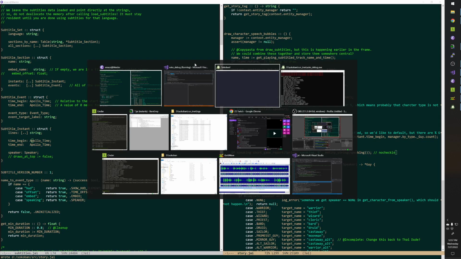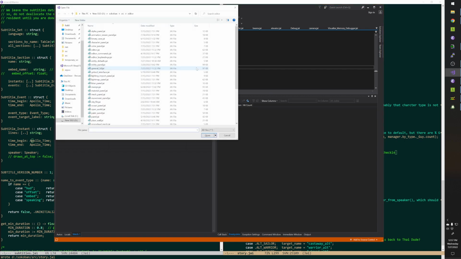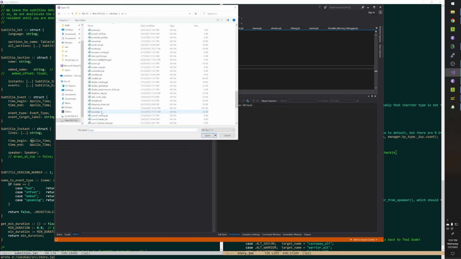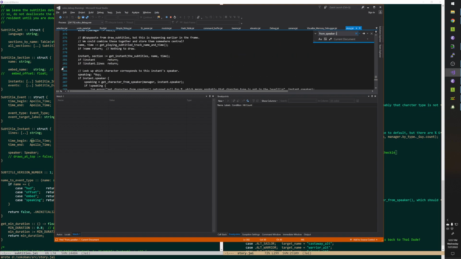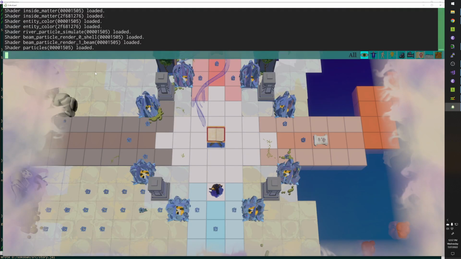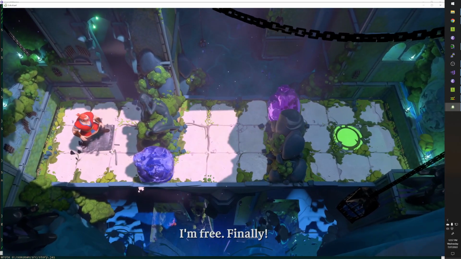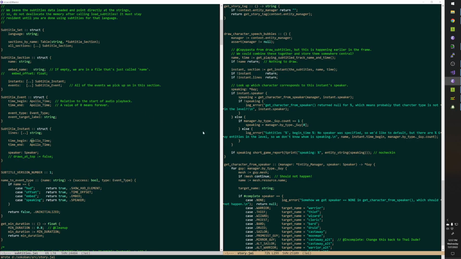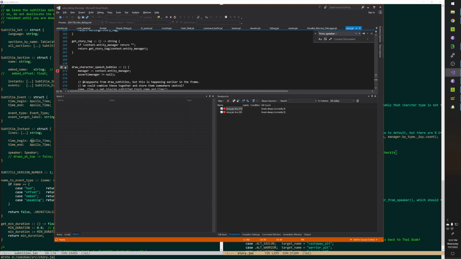We're going to go into story. Wait, we want to go to here. Okay, we'll set the breakpoint at the beginning of draw character speech bubbles.